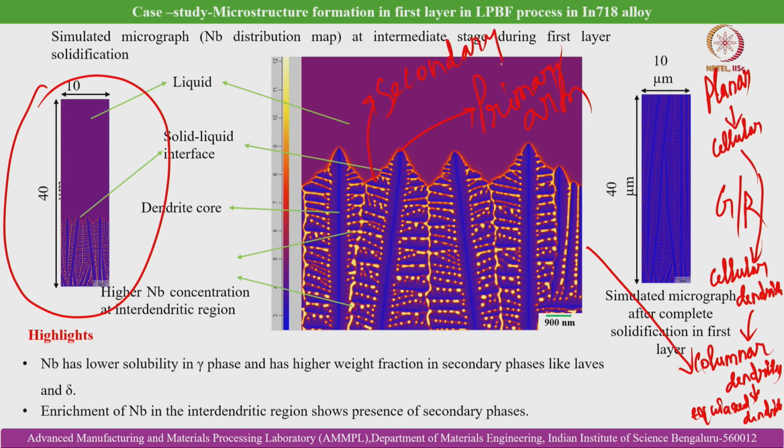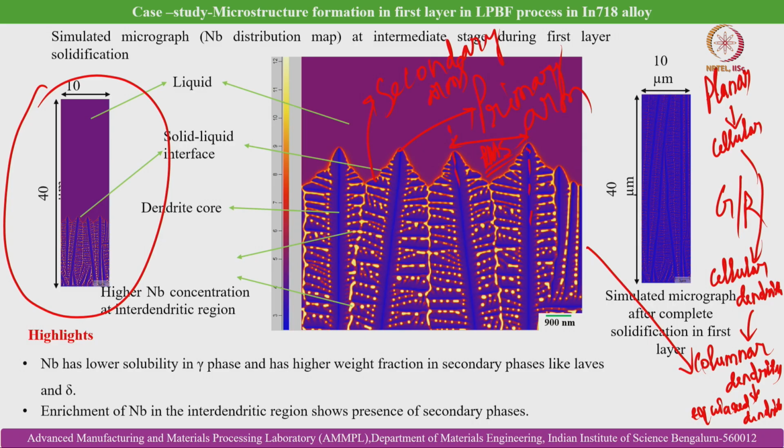We have not only simulated the microstructure, we have also made a quantitative study of the effect of thermal gradient and cooling rate on several microstructural parameters. For example, the evolution of the primary dendrite arm spacing, which is the distance between the center lines of two neighboring dendrites.